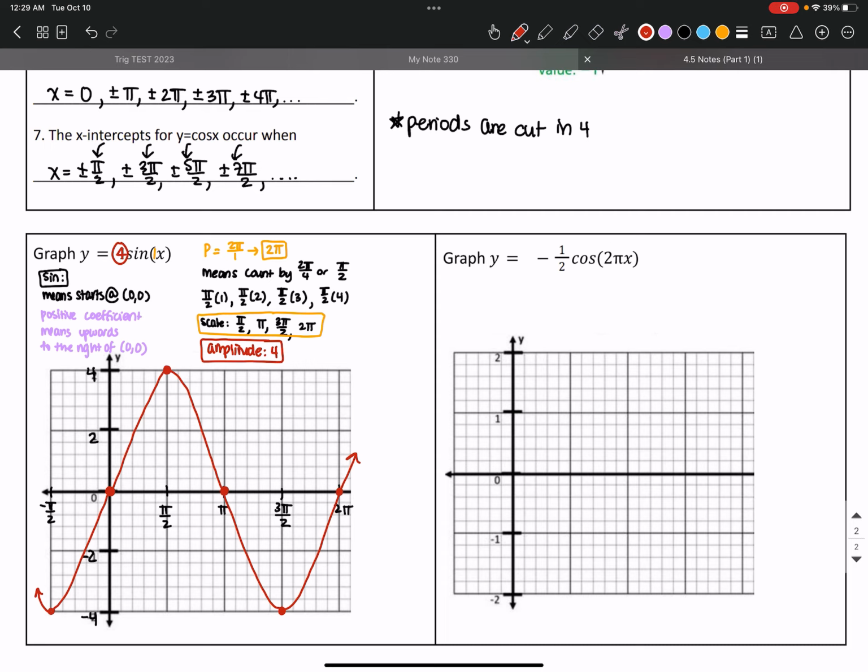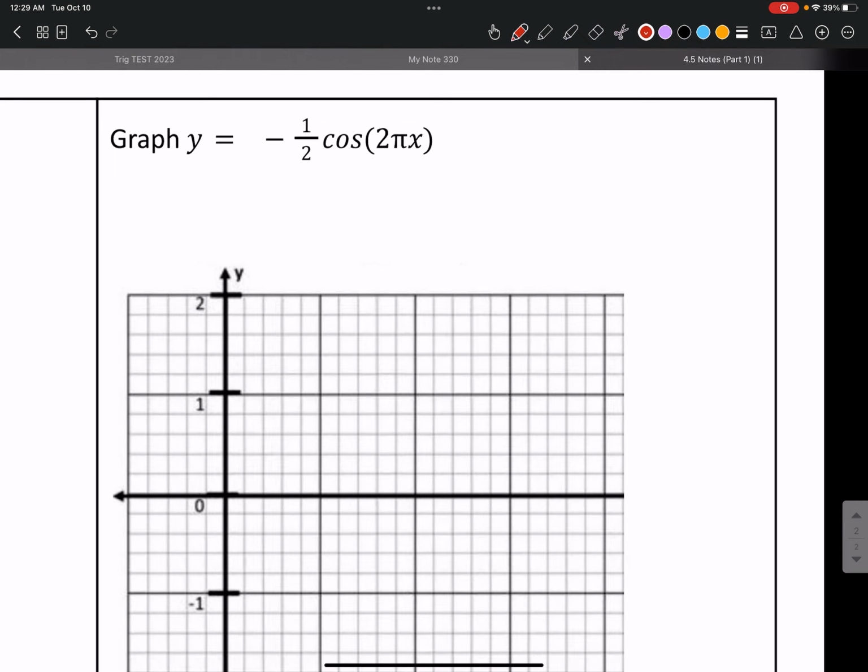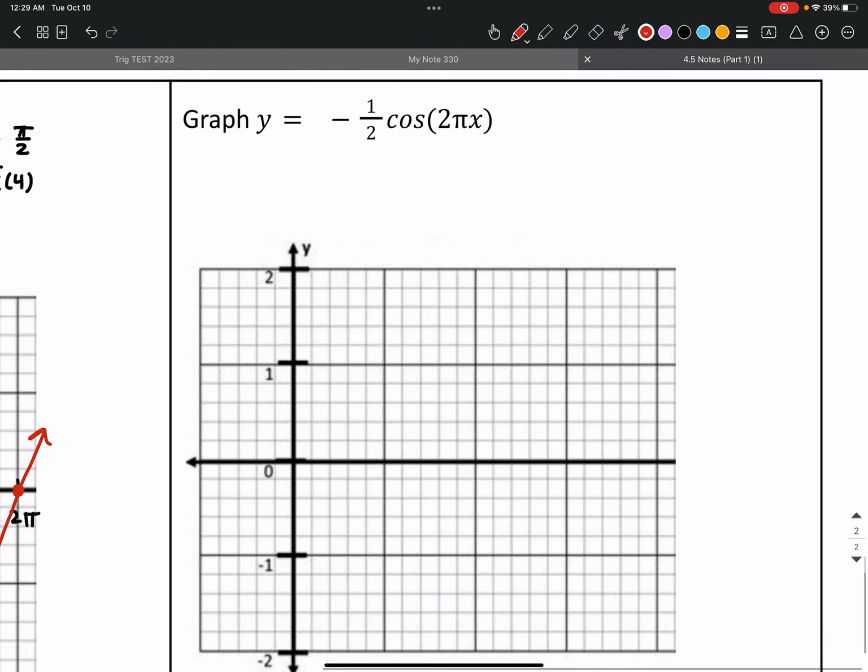For the second example, this is going to be a little different because I have 2 pi in front as the coefficient inside, which means to find the period, I'm going to do 2 pi divided by 2 pi, which gives me that the period is equal to 1.